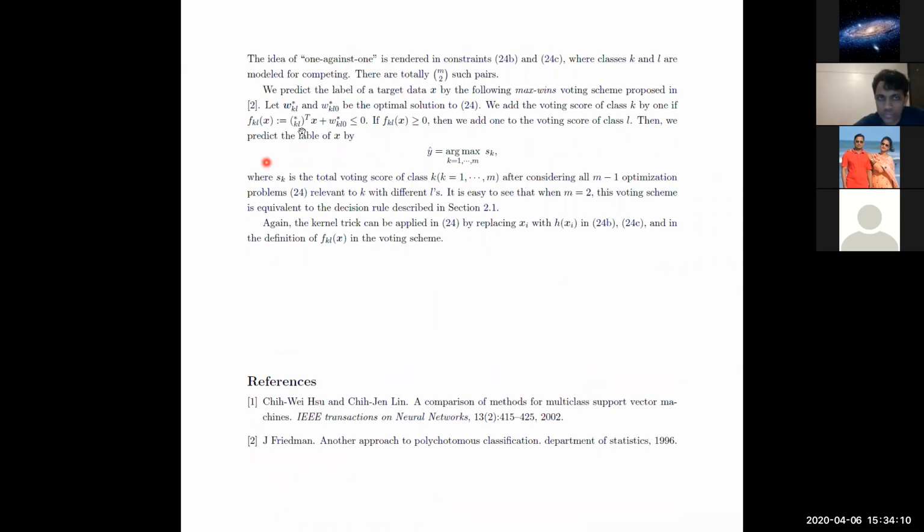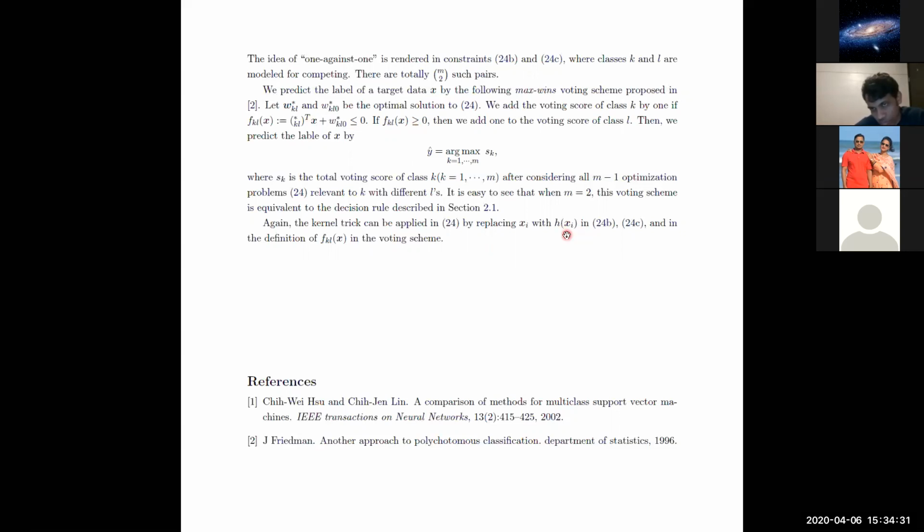When f_KL(x) is 0, it means that specific x is on the separating hyperplane. Yes, exactly. But be careful, it is not necessarily a separating hyperplane, because you can use a kernel.